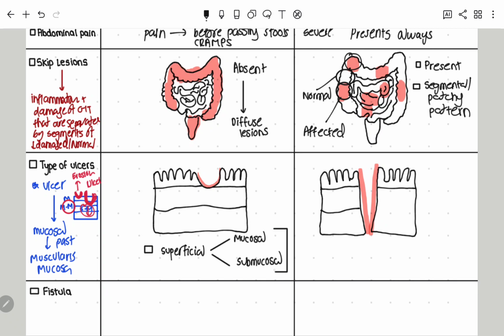But these are the only two locations of the bowel wall where the ulcer is present. So you usually only have mucosal and submucosal ulcerations that are seen with respect to ulcerative colitis.